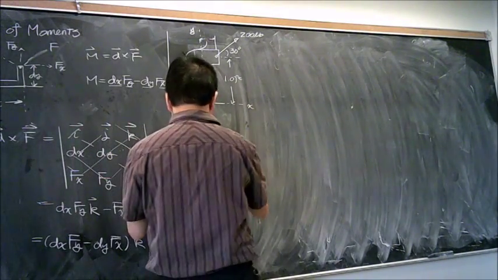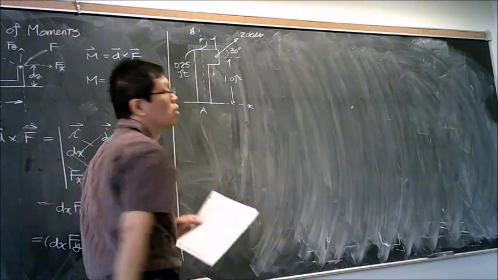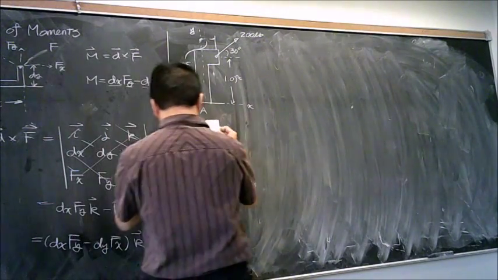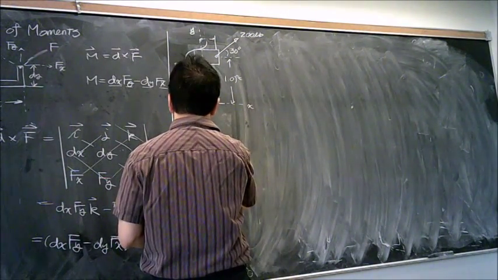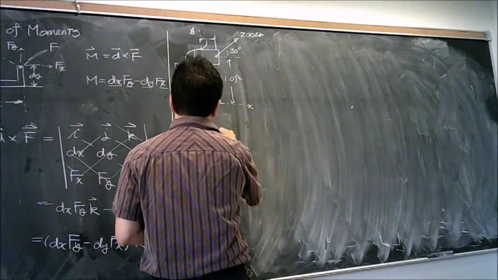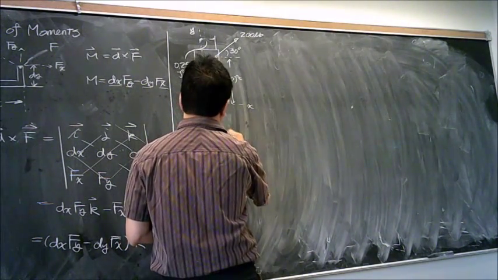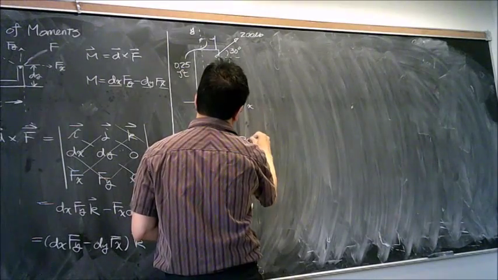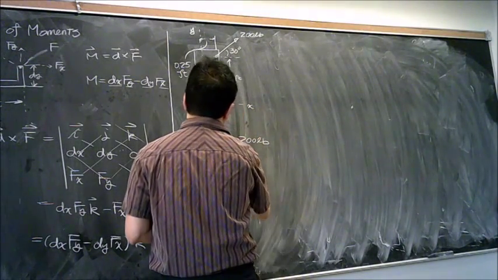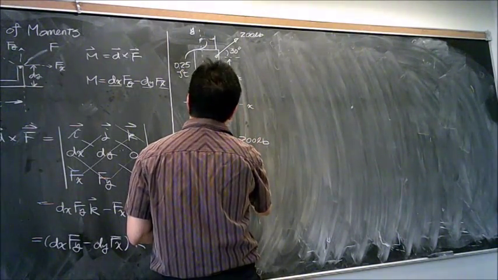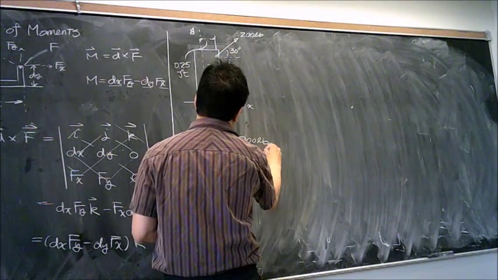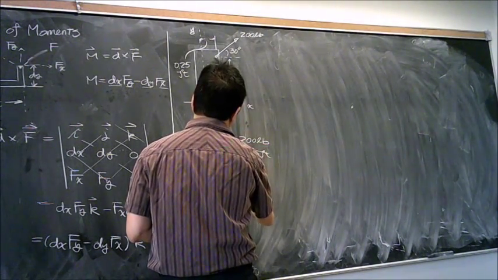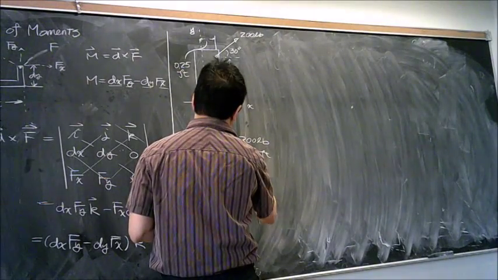So A is, so what are we given? We are given F equals 200 pounds. And we are also given dx equals 2.25 feet, dy equals 1 foot.